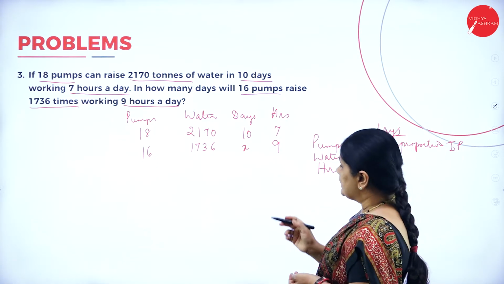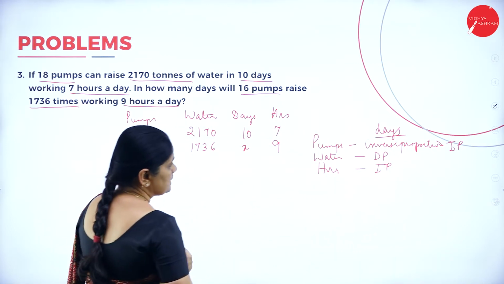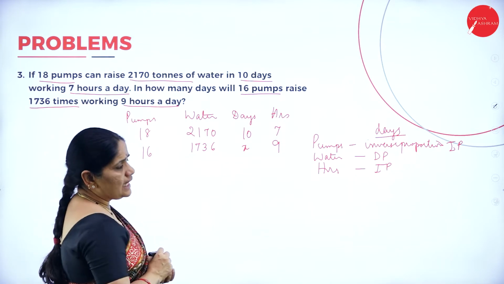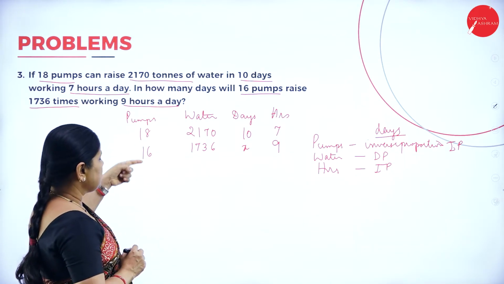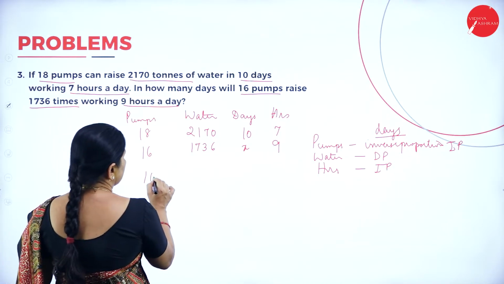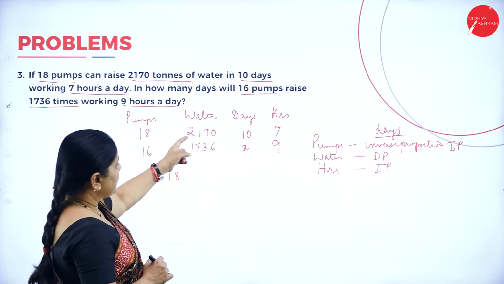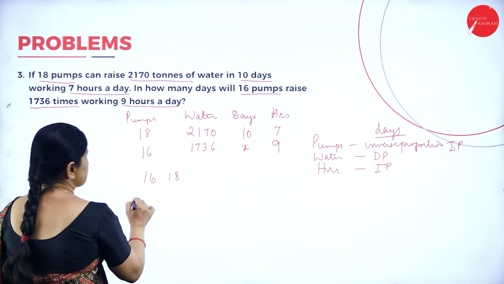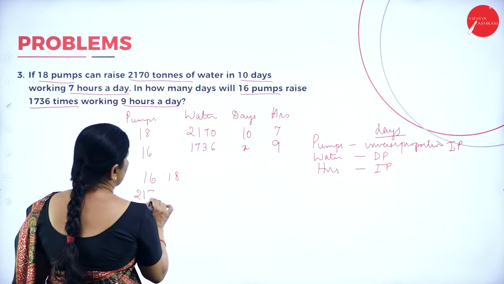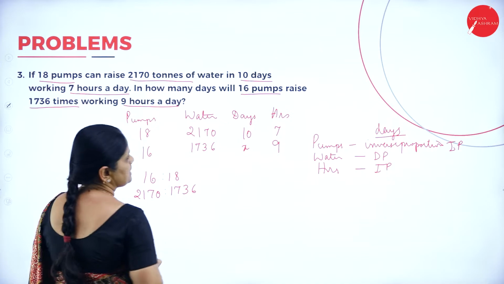Now I write down this equation. Pumps and days are in inverse proportion, so this is 18 by 16, and I write it inverted, 16 is to 18. Then water and days are in direct proportion, so I write it as it is, 2170 is to 1736.